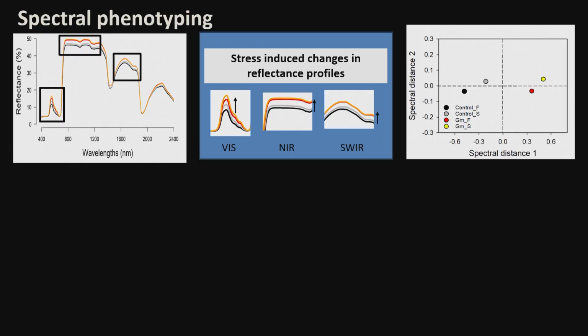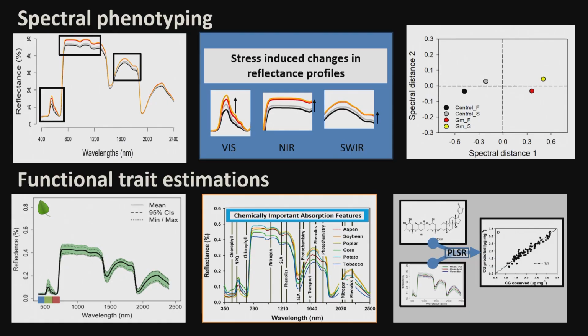The second way that we use these data is functional trait estimation. What I mean by that is that for all of the biochemical, physiological, and physiochemical measurements that plants have going on, we can estimate a large number of these parameters using spectral data. If we look at our green leaf spectral measurement, the reason we can do this is that there are chemically important absorption features scattered throughout the spectrum, whether related to protein content, nitrogen, or water content.